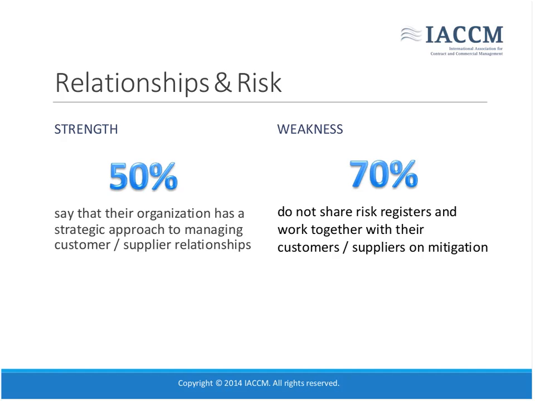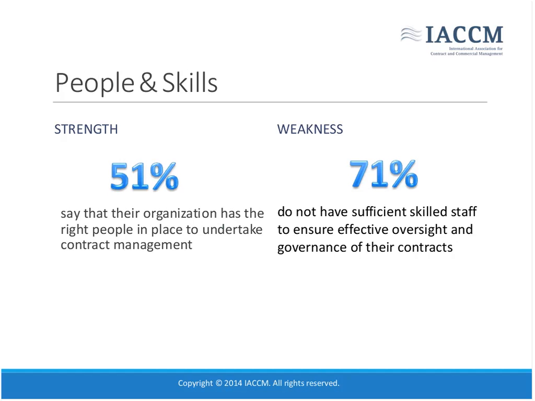And the fifth area we picked out as our next chart is people and skills, where we have, again, a very interesting contrast where 51% say that their organization has the right people in place to undertake contract management, but 71% say they don't actually have sufficient skilled staff to ensure effective oversight and governance of contracts.